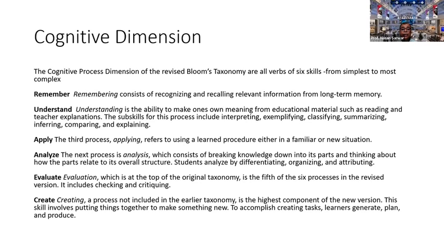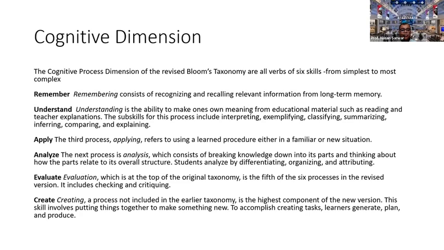Understanding is the ability to make one's own meaning from educational material such as reading and teacher explanations. So they can form their own meaning from the information gathered from somewhere else, from many different methods. And applying is the third process, where it refers to using a learned procedure either in a familiar or new situation. So in a familiar situation or in a new situation, in any situation they can apply.